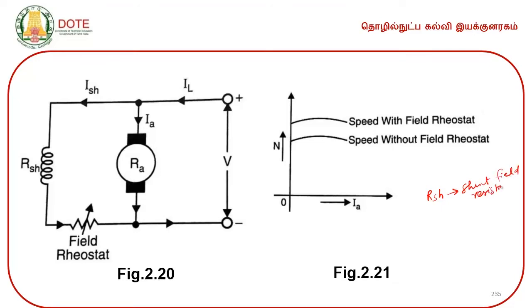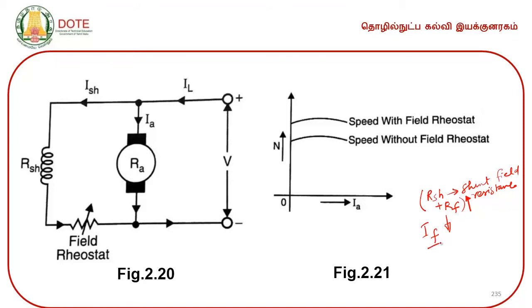Now you are going to add some more resistance, that is the field rheostat resistance, let us call it RF. Because of the increase in resistance, what happens? The field current will reduce.